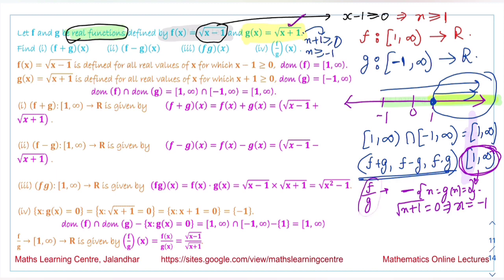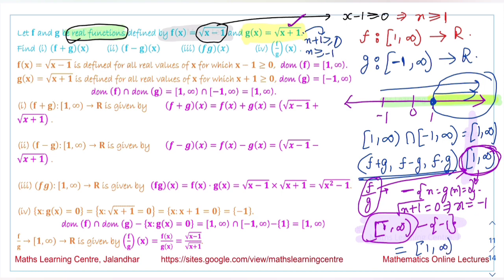So the domain of f by g is also this: the interval 1 to infinity, and we have to remove the element minus 1. This interval does not contain minus 1, so the answer we obtain is the interval 1 to infinity.